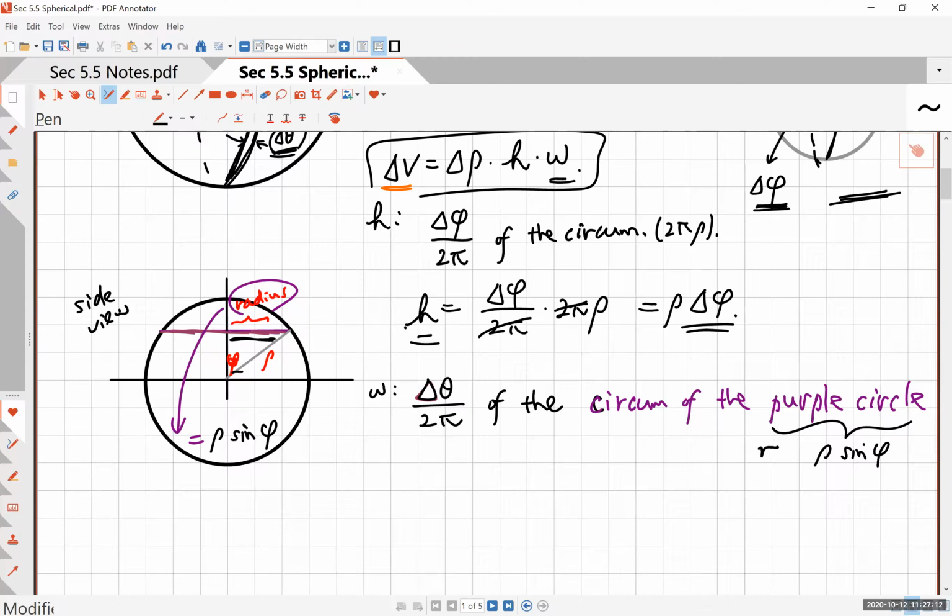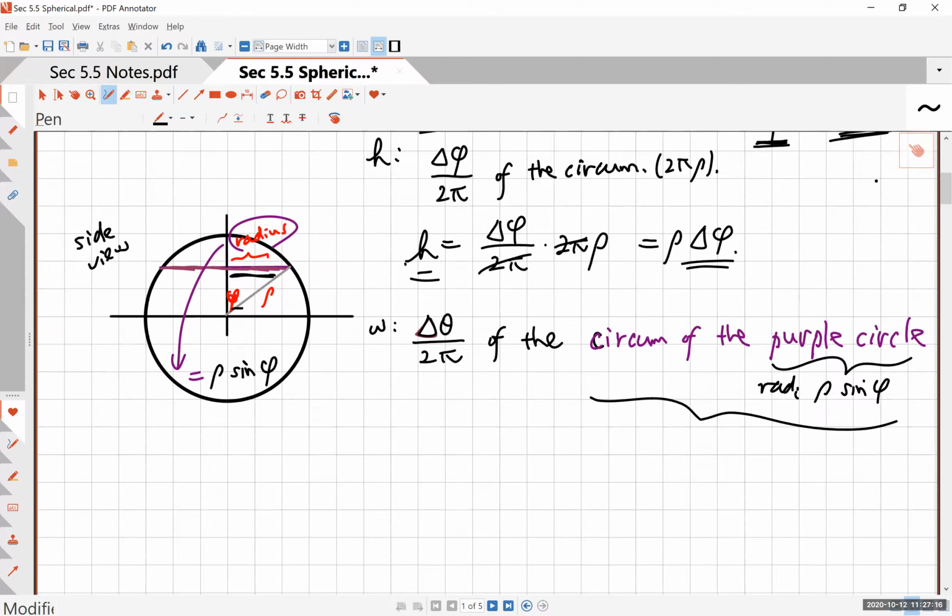That's the radius. All right, so the circumference of the purple circle is going to be 2 pi times the radius, and the radius is rho sine phi. So this is the algebraic expression that describes the circumference of the purple circle.